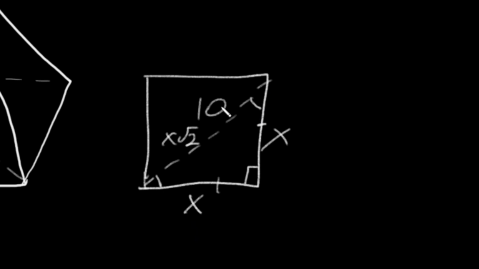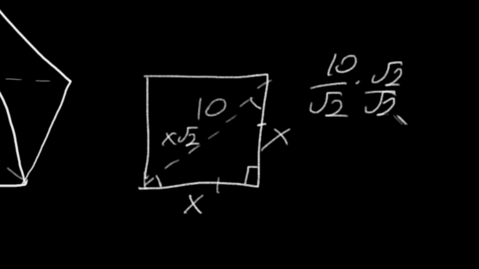Now, since our diagonal is 10, and we know it's root 2 times as much as either side, we can solve for the side by dividing the 10 by square root of 2. And of course, we cannot have radicals in the denominator, so we need to rationalize this by multiplying by square root of 2 over square root of 2.